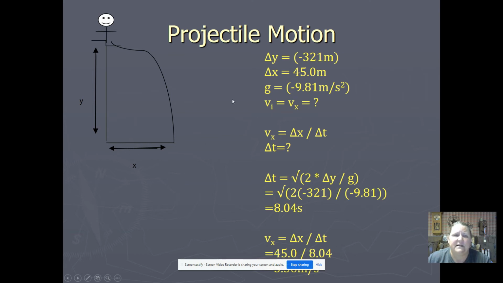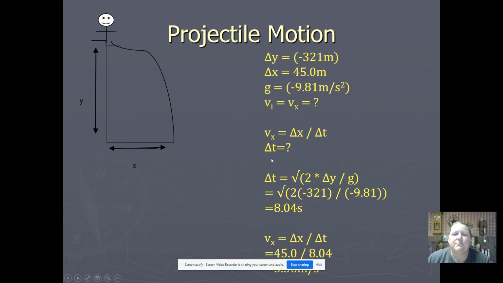That's what you want to find. How fast was the rock moving right as you kicked it? So the velocity in x is going to be the distance in the x direction divided by how long it took. And that's going to give you time.